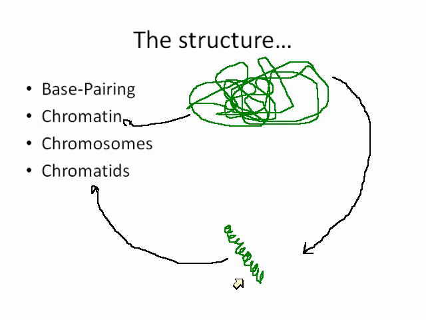Chromosomes are produced when you take two identical chromatids, what we refer to as sister chromatids, and you link them together. And so we would have to come in here and produce another sister chromatid.